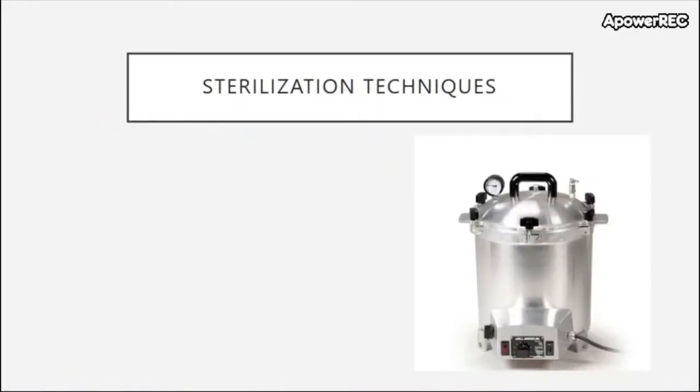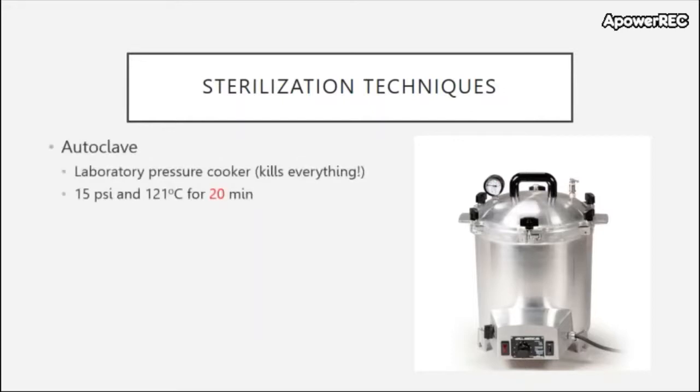Now this is a great prelude into talking about sterilization techniques. In order to sterilize, scientists often use an autoclave, which is essentially a pressure cooker that kills everything. And in order to accomplish this, scientists need to heat the solution up to 121 degrees Celsius for 20 minutes.